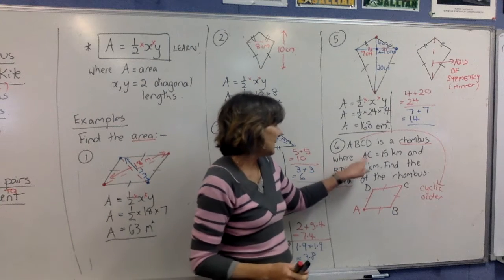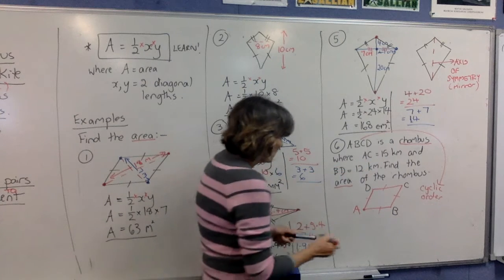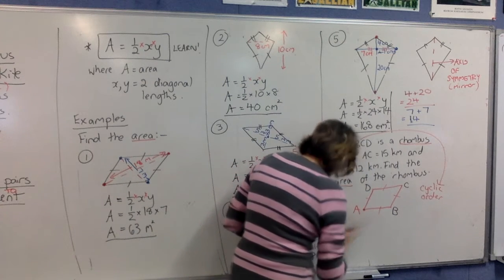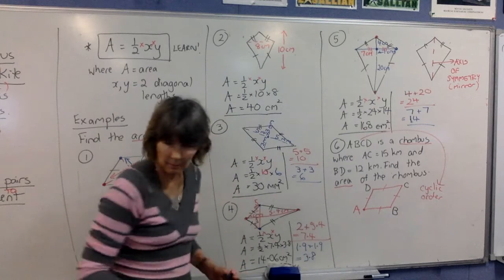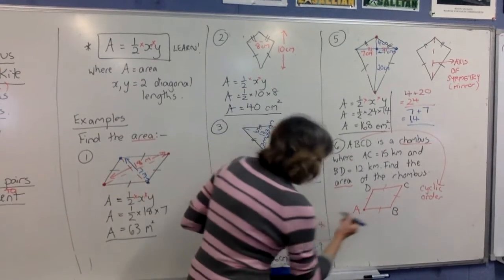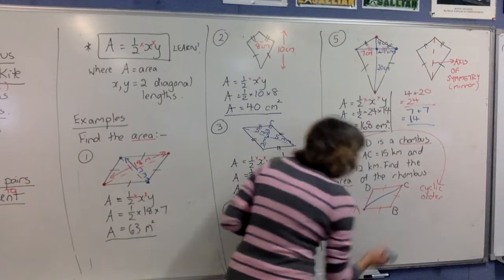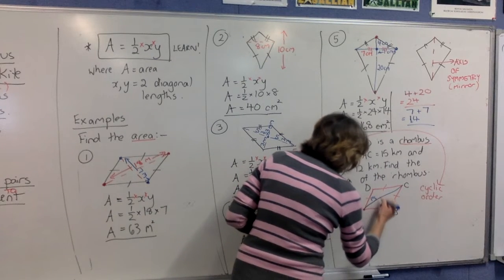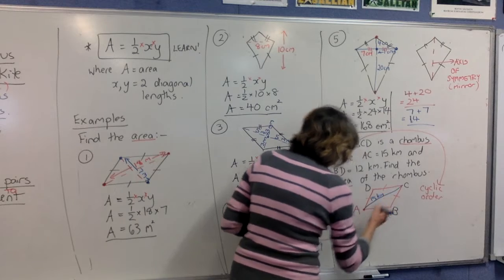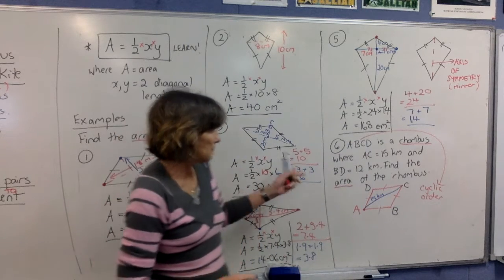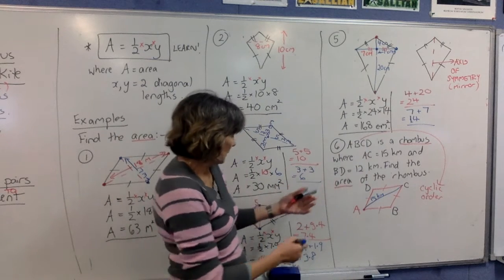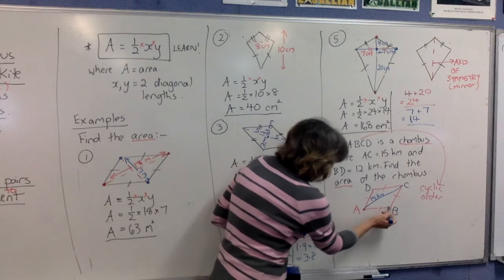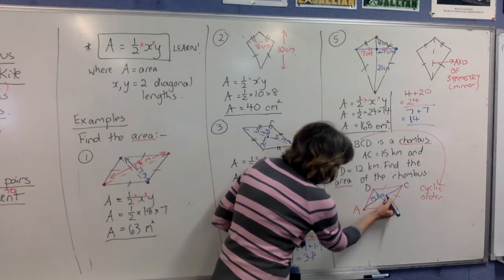So it says AC equals 15. So that means going from A to C is 15 kilometres. Okay, then it says from B to D, BD, it's 12. B to D is 12.